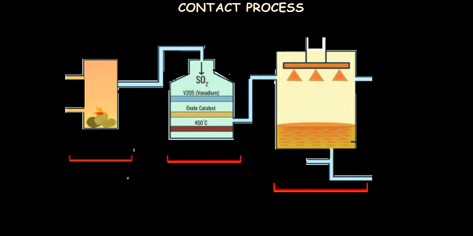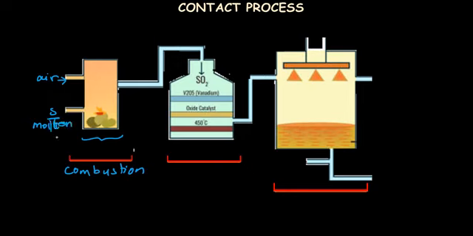How is the contact process used to produce sulfuric acid? Here first is a place, you can say a compartment, where combustion takes place. Combustion of what? Combustion of sulfur, and air is also added in this compartment, where sulfur is added in the form of molten sulfur.